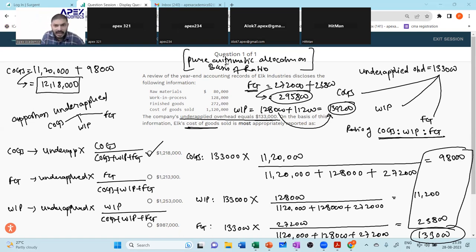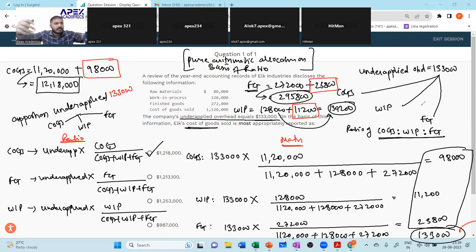The difference, which I'm highlighting in red, 98, 23, and 11, will give you a total of 133. And hence this 133 has been apportioned in these particular ratios. The math is given to you over here. The logic and the concept was written on the notebook. The question is fully solved. No more extra question is possible in this one. Take a screenshot.